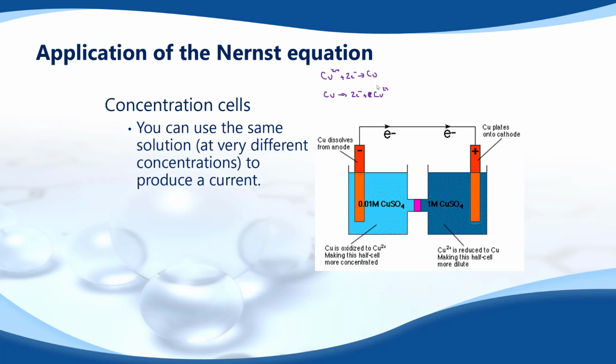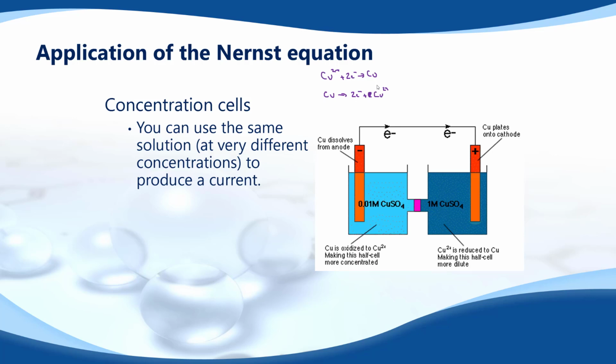Now, because these concentrations are so different, our basic knowledge of equilibrium should indicate to us that the copper ion concentrations in these 2 solutions will eventually equal out. Right? So what that means is that the 0.01 molar solution has to become more concentrated, and the 1 molar solution has to become more dilute.